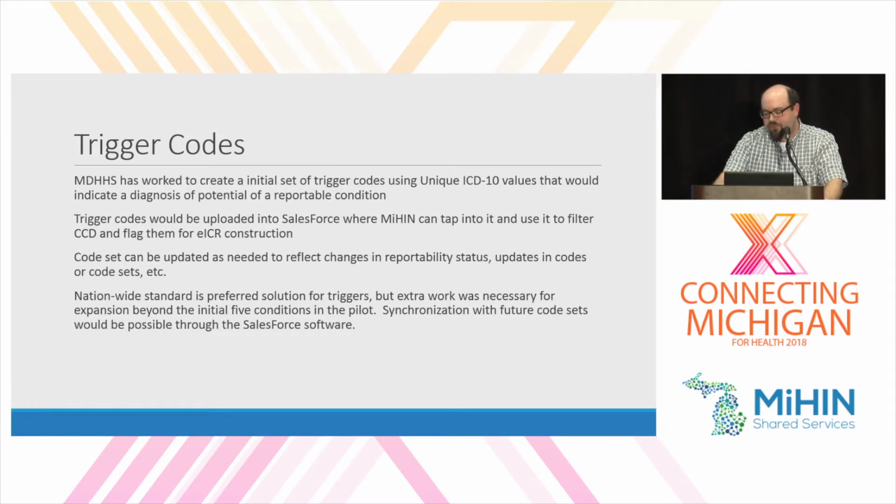So we've worked internally to create this initial set of trigger codes. It's kind of based off of some of the trigger codes that were used in the pilot of 5, and then expanded out to pretty much all the conditions that are reportable in Michigan. The codes, as they're discovered and as they're added, would be able to be updated inside of Salesforce.